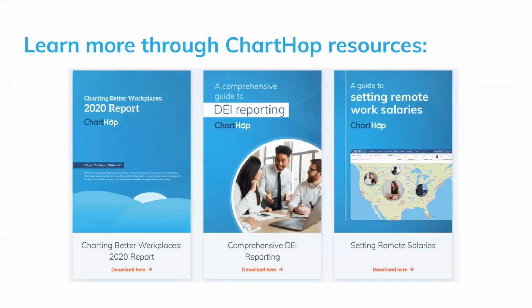There are some really interesting corollaries to diversity here in particular, just knowing that there are certain locations that have certain demographics more and less, right? So as you're thinking about a diverse and fair compensation strategy, how do you look at the data and make sure that the strategy you're setting makes sense for your company and is also setting a baseline for fair compensation across different demographics in your organization?